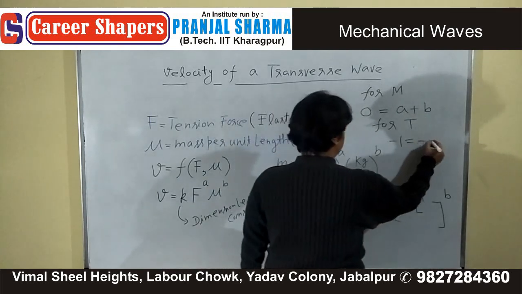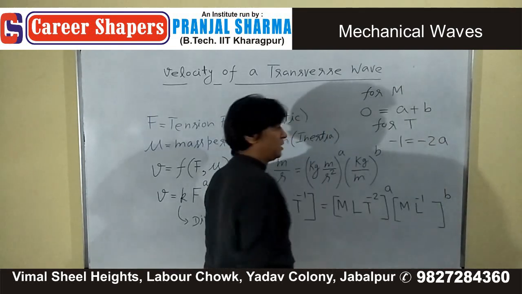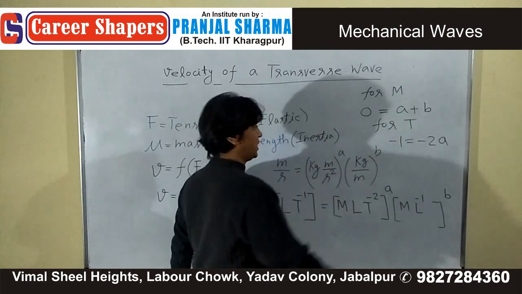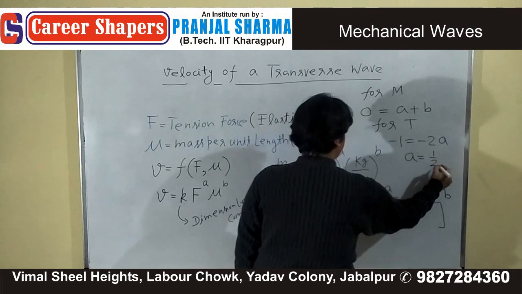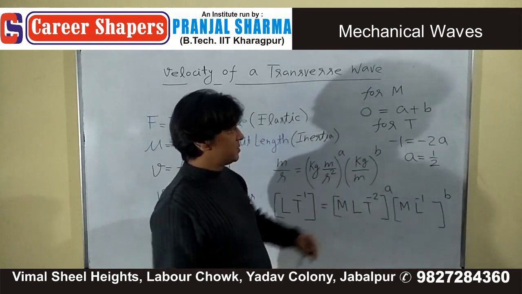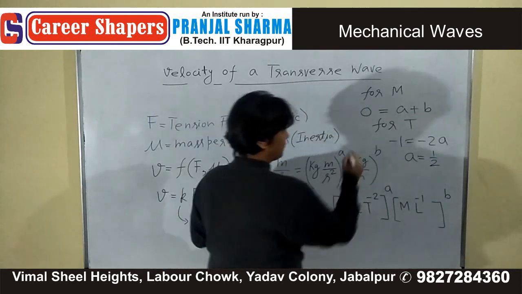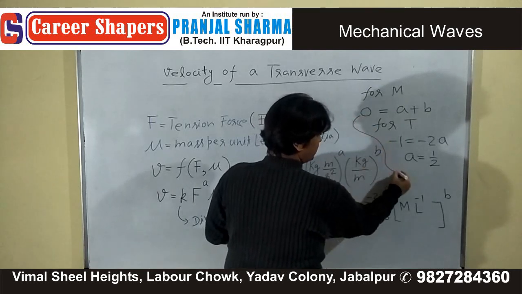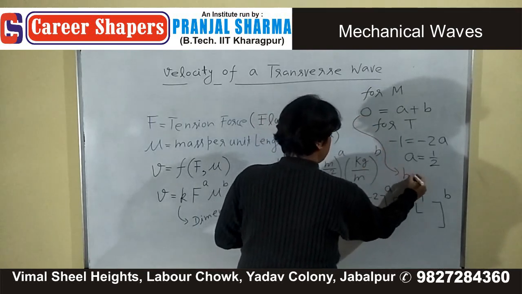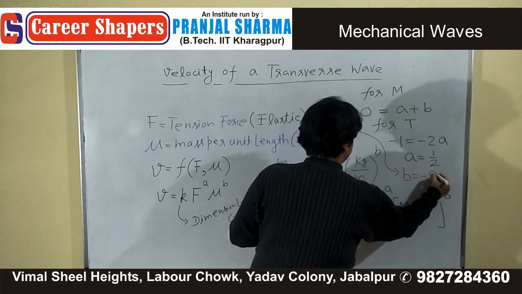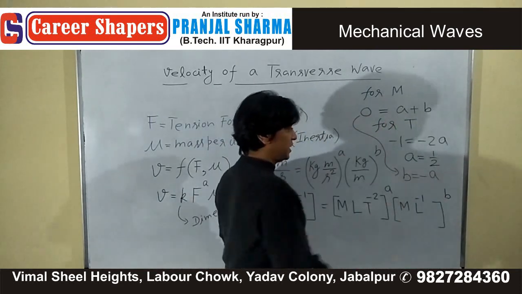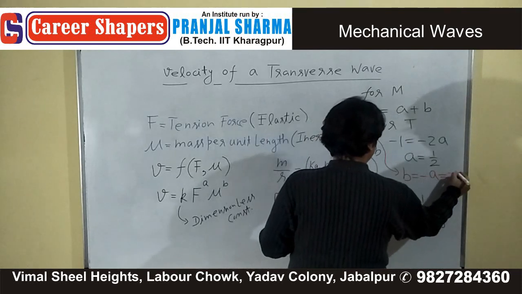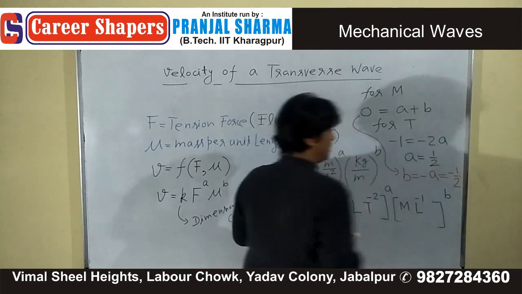Once you get minus 2A, you get the value of A as 1 by 2. If A is 1 by 2, then from this you get B as minus of A. This gives you B as minus half.